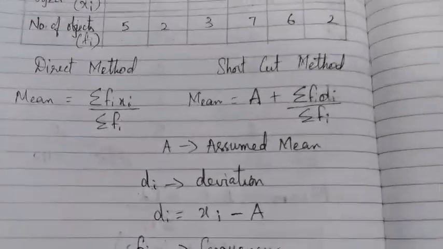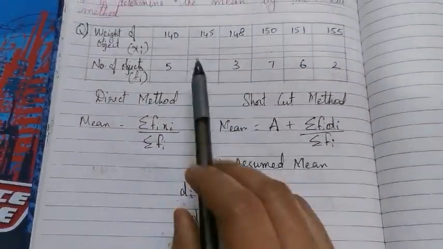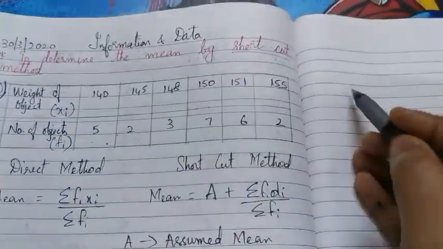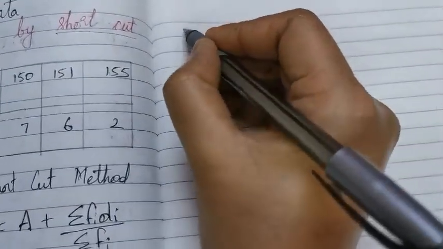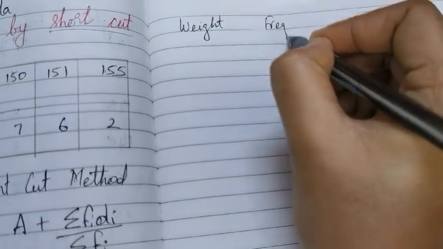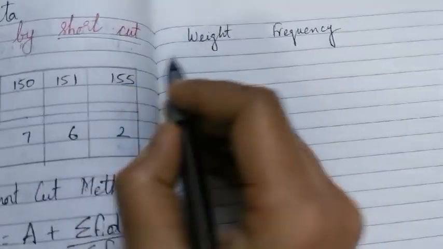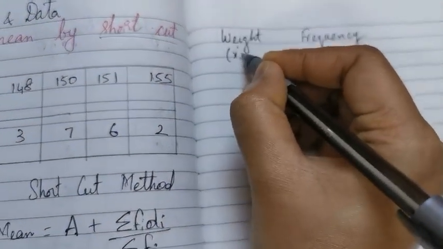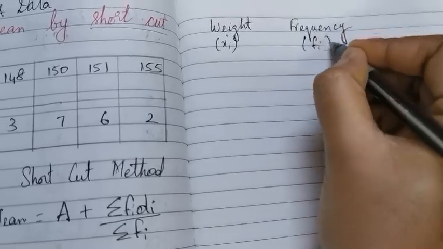Now, to determine the mean by shortcut method, we are forming a table. I am just transferring the data here to a new table. So, my weight and frequency are the two rows given in your question. So, the first one is xi and the second one is fi.